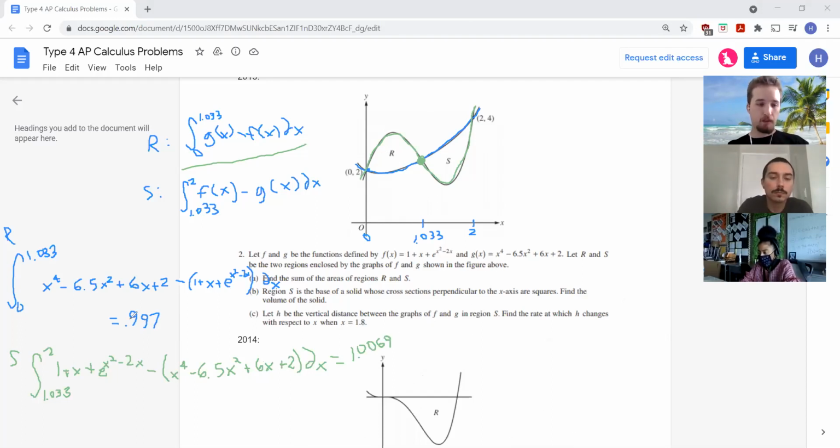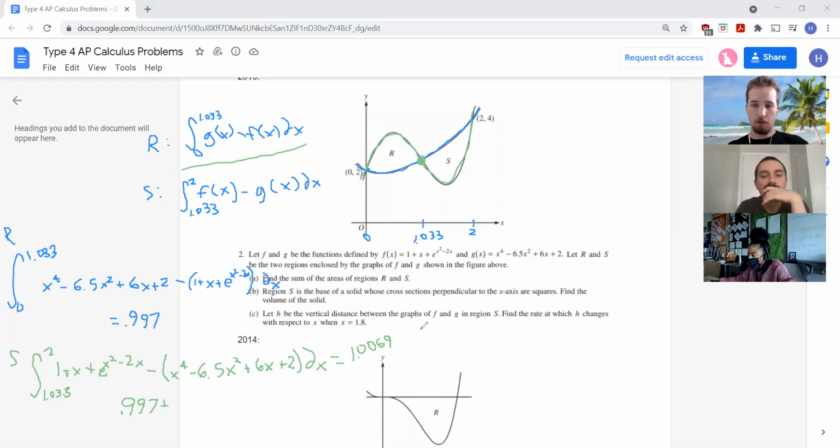Okay. And it's asking for the sum of areas R and S. So R plus S, where R is 0.997 plus S.